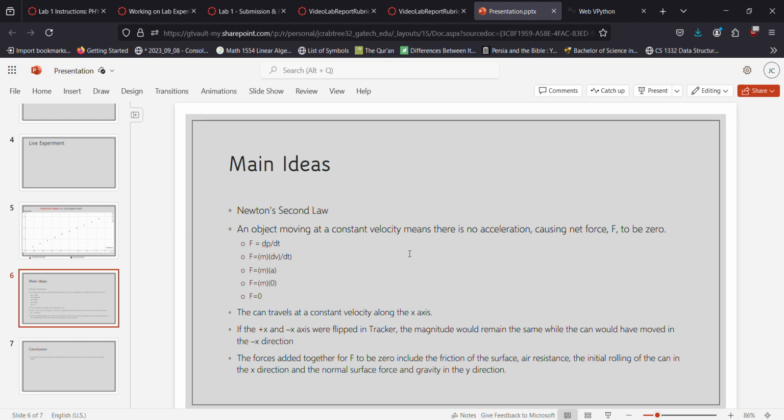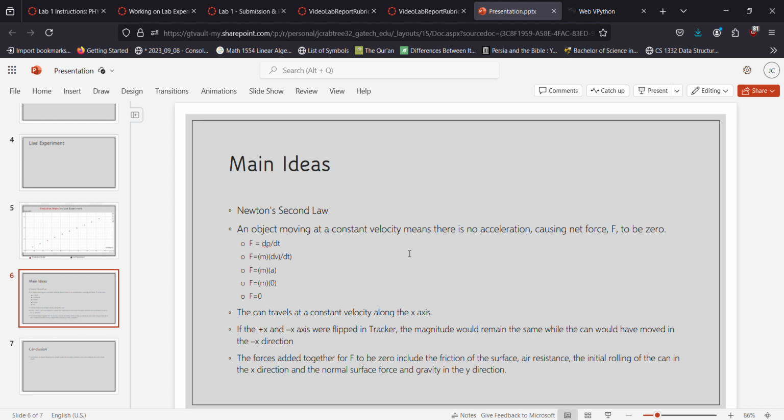What should have happened was the friction of the surface and the air resistance acting on the can would have canceled out the force in the positive x direction when I rolled it. There may have been an imbalance there, causing some net force acting on the can.